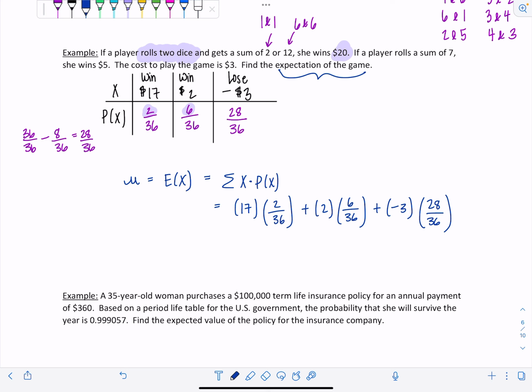And then punch this all in your calculator. Let's round to 2 decimal places because this represents money.